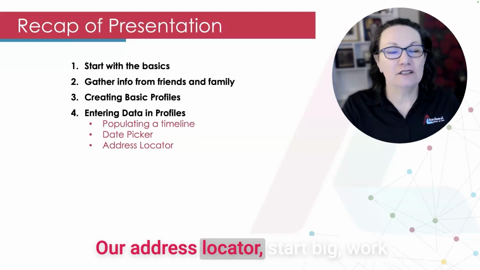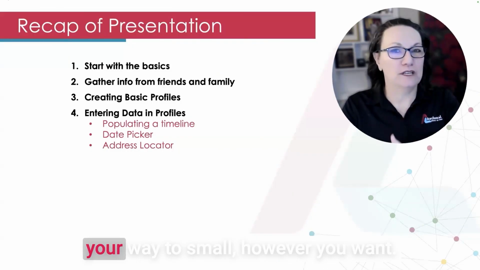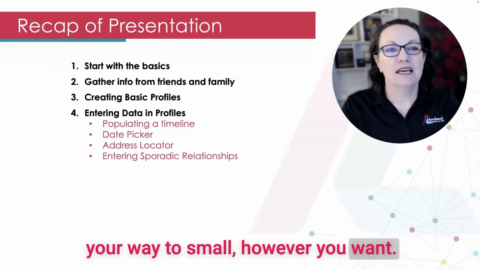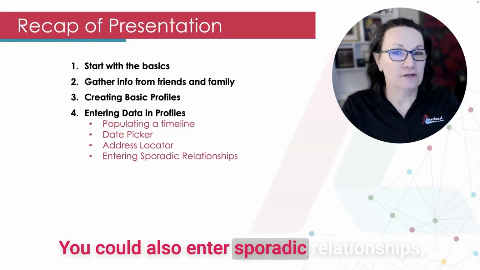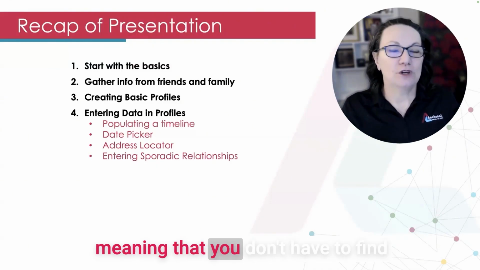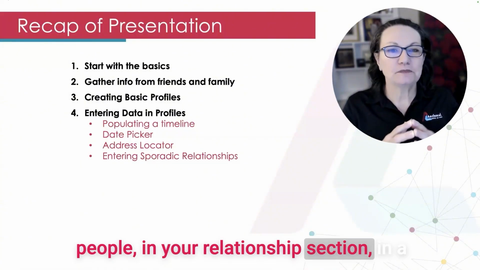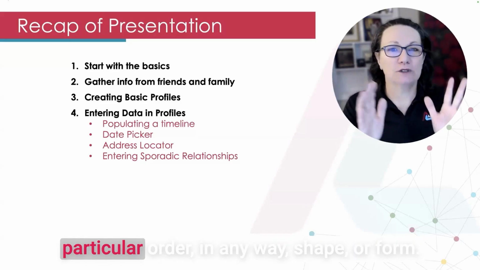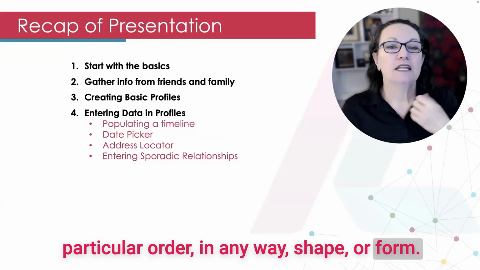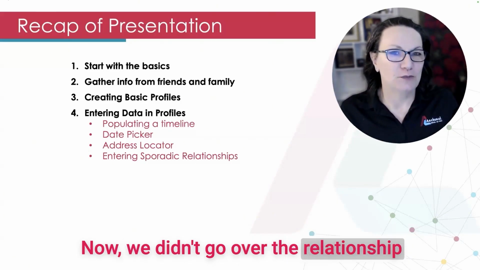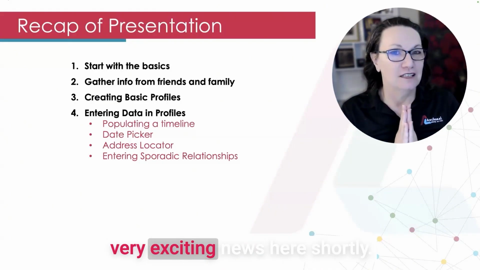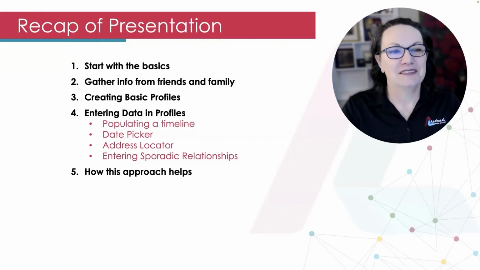Our address locator, start big, work your way to small, however you want. You could also enter sporadic relationships, meaning that you don't have to find people in your relationship section in a particular order in any way, shape, or form. Now, we didn't go over the relationship builder because I've got some very exciting news here shortly.